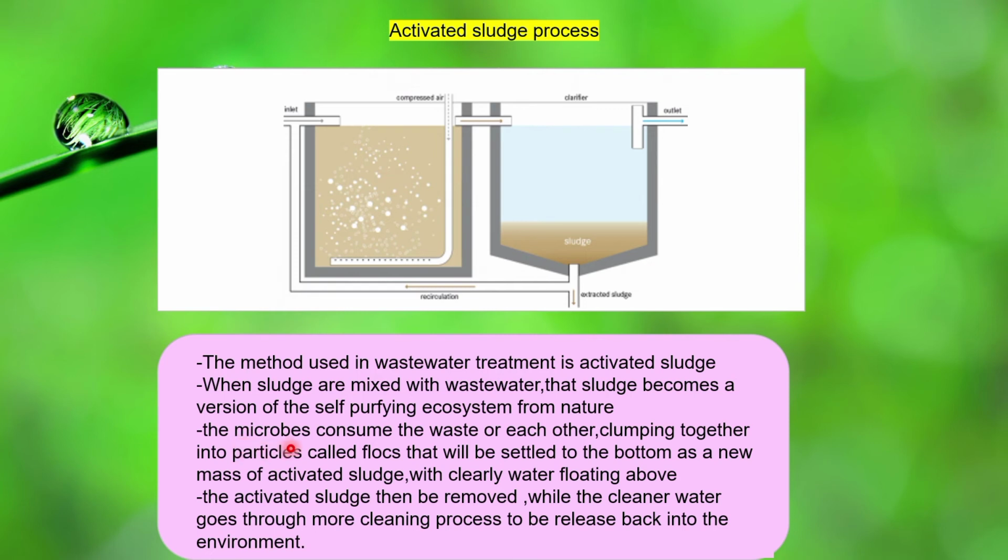These microbes will consume the waste in the water, or they will eat each other. After that, they will clump together into particles called flocs. After they clump together, they will go down, and this we call activated sludge. Then we remove this activated sludge, and only then will we get the clear water located above.